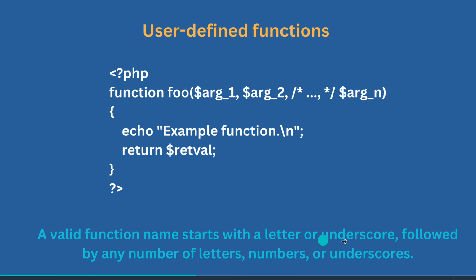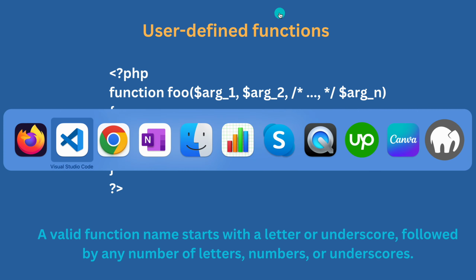A valid function name starts with a letter or underscore, followed by any number of letters, numbers, and underscores. This same naming convention is the same for variables, for constants, and for function names. Clear, guys?